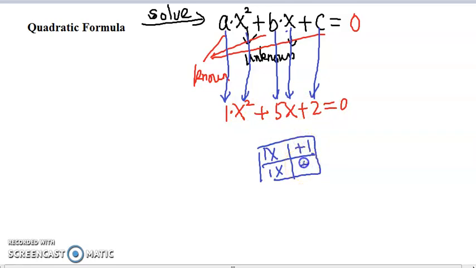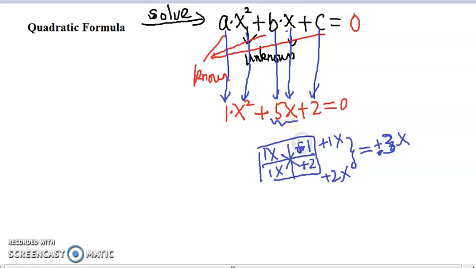It's positive 1 times positive 2. We could do negative 1 times negative 2, but it's not going to work either. 1x times 2 is positive 2x, and 1x times 1x gives us positive 1x, and when we combine them, we get positive 3x. If we change both of them to negatives, we get negative 3x. It's not going to give us that 5x in the middle either.